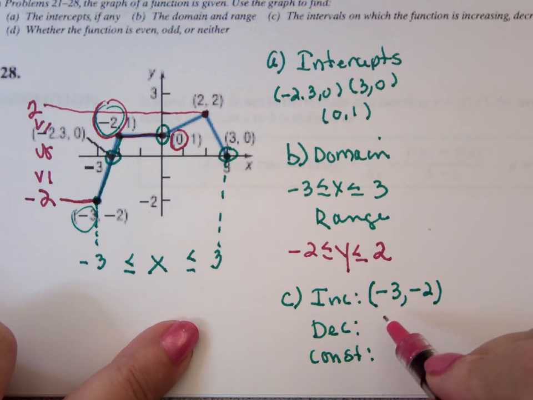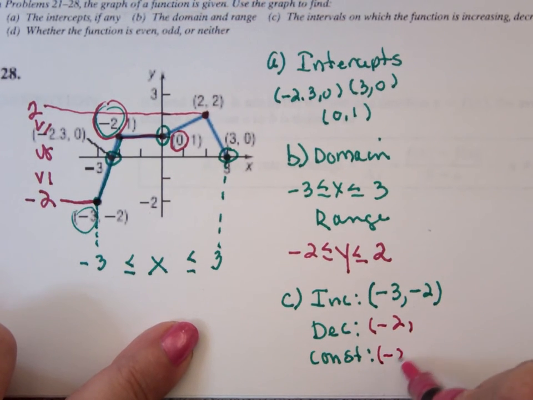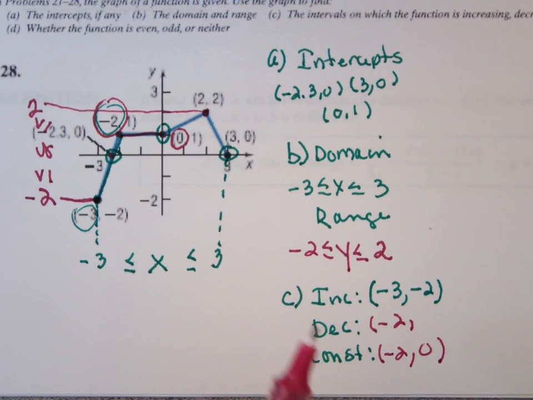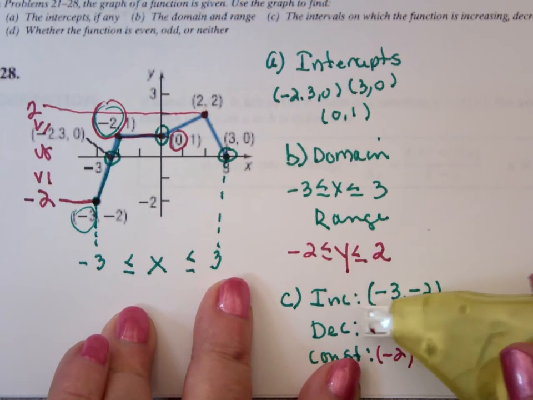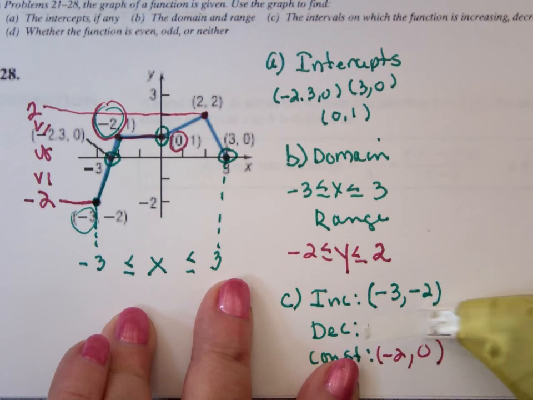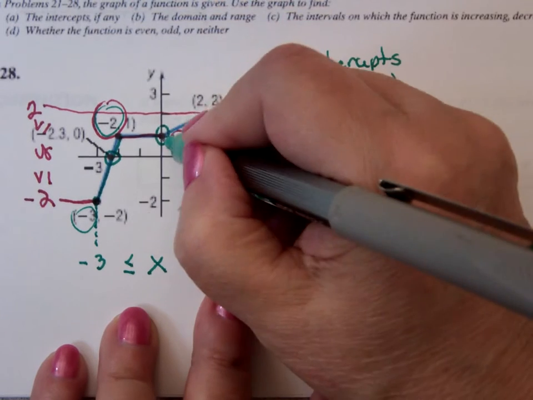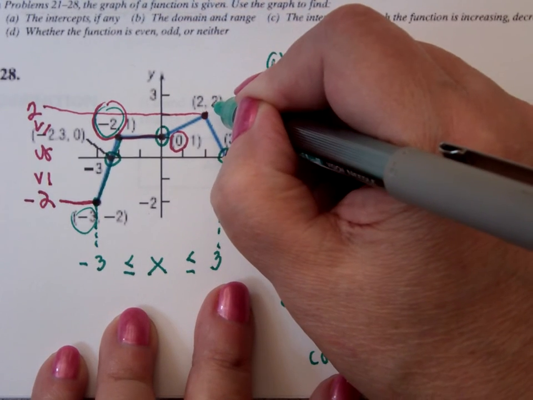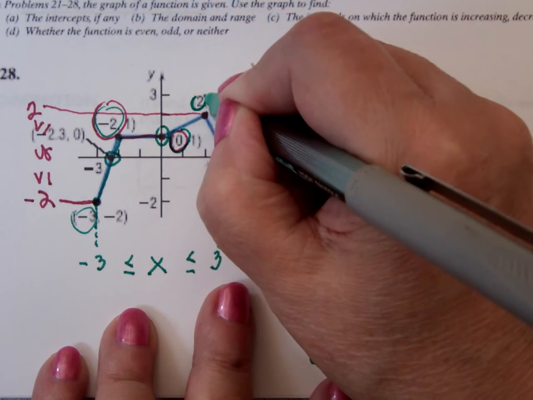So we're looking at negative 2, 0. Then I notice it's flat and then it goes up again, which means I am increasing from 0 to 2.